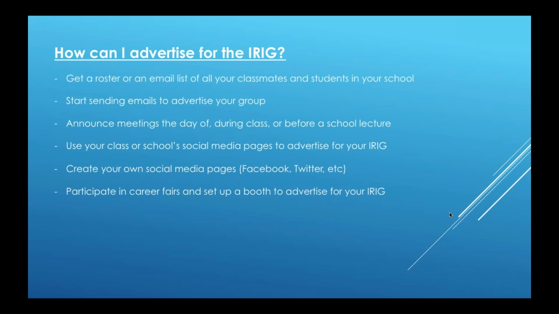Announce the meetings usually a week before, the day of, during class, before school lectures. Consider using your school or class's social media pages to advertise for the IR interest group. If you haven't already, consider creating your own social media page to link the accounts and also help participate in career fairs, setting up booths to promote the interest group.